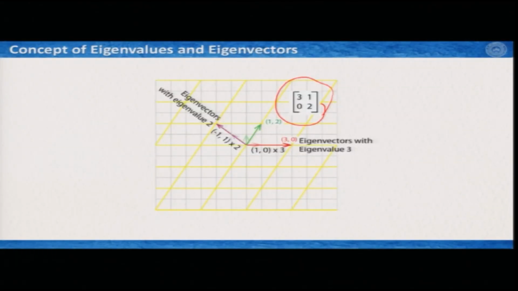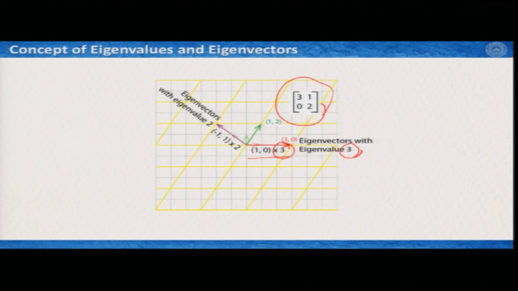And the red unit vector, which is one of the eigenvectors of this deformation matrix, has eigenvalue 3, because if I apply this deformation, it would always be multiplied by 3, and if I take this purple vector, its next incremental position would always be multiplied by a factor of 2.